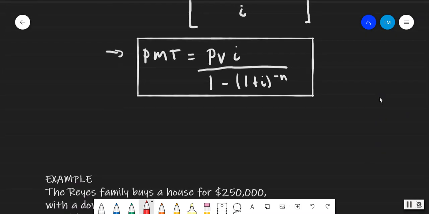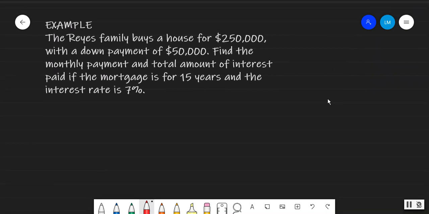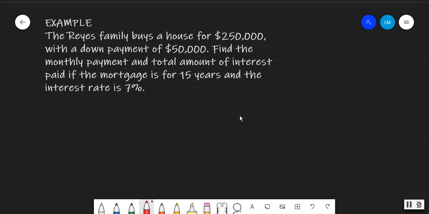So let's look at an example that deals with amortization. Let's say that the Reyes family buys a house for 250,000 with a down payment of 50,000. Find the monthly payment and the total amount of interest paid if the mortgage is for 15 years and the interest rate is 7%.